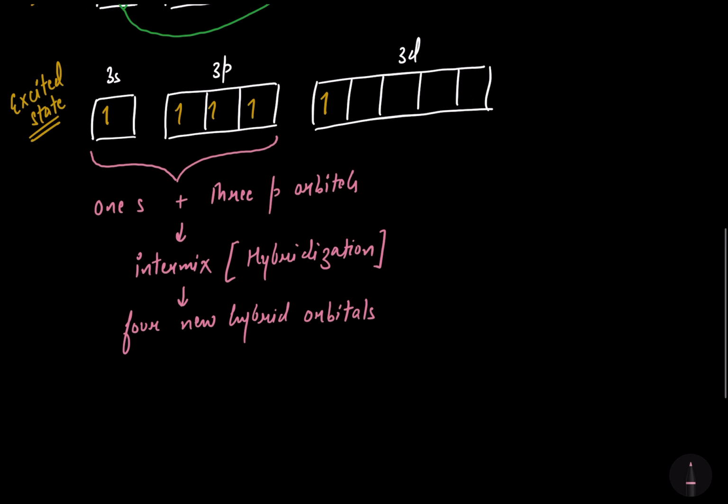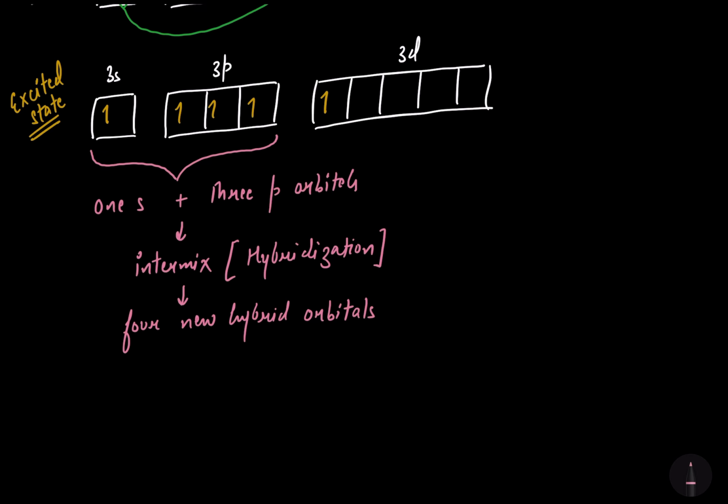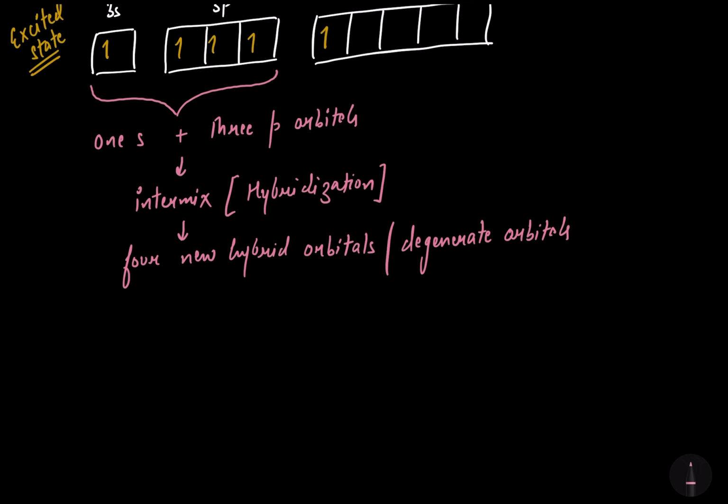So we got the 4 new hybrid orbitals, and one thing more, that hybrid orbitals will again be degenerate orbitals. That means the energy of all the 4 hybrid orbitals will be equal. So we got a total of 4 new hybrid orbitals, and degenerate orbitals. So these are the 4 new hybrid orbitals.